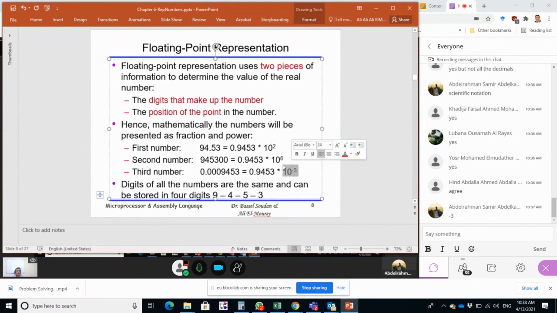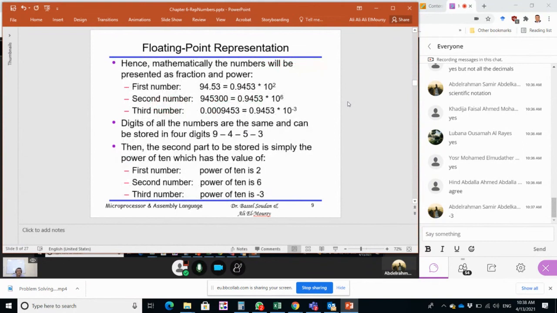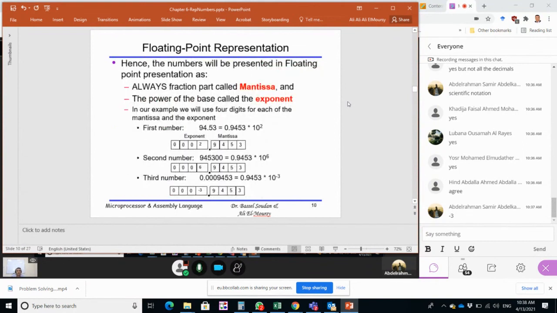Can you see that? So instead of using my storage to store the number as integer and fraction, I think differently. Right now, I will utilize my storage to store the meat of the number, or the digits of the number, and the powers of the 10.